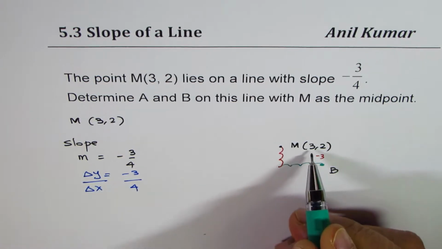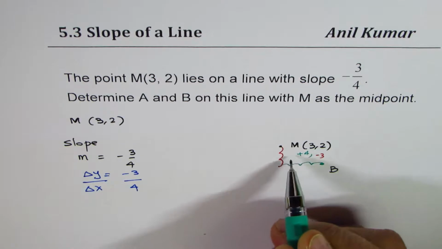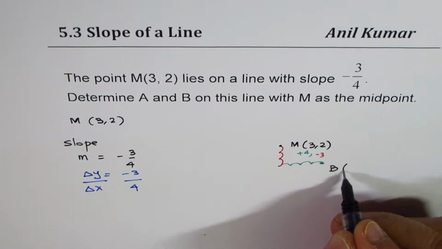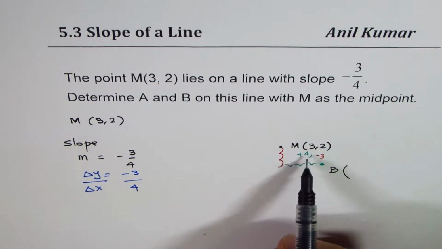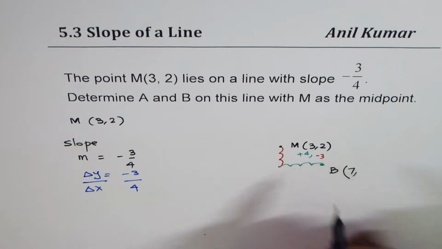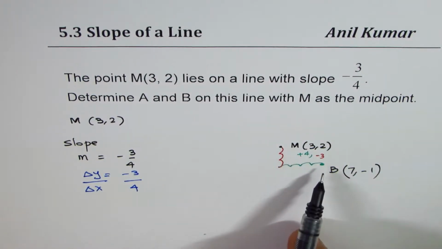We went right, that means x value should be increased by 4, right? So the coordinate point B should be 3 plus 4, 7, and y value will be 2 minus 3, which is minus 1, right?